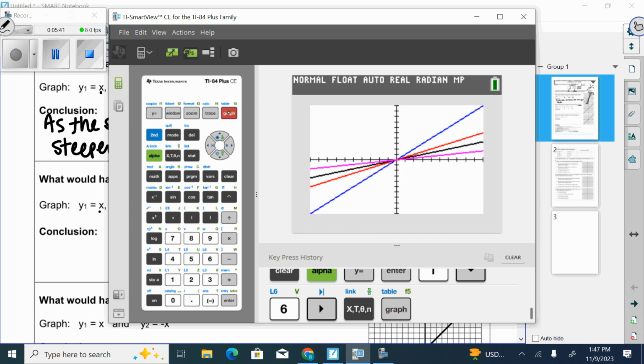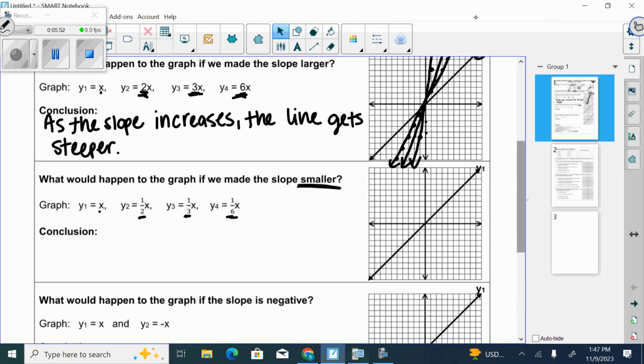So in this particular case, we started with the blue line, then the red line, then the black line, and then the purple line. So here, instead of getting steeper, it seems to be getting flatter. If I came over here to graph these, we already have the parent function graphed. The next one still starts at 0, 0, but instead of going up 1 over 1, goes up 1 and over 2.